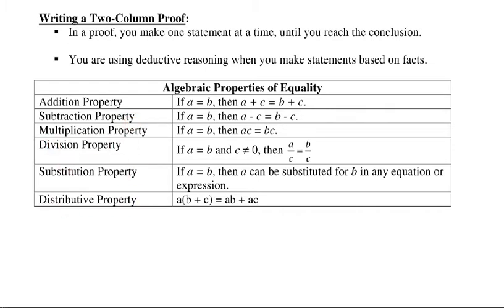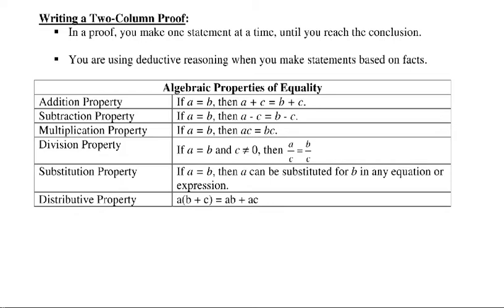So it would be the addition property of equality, subtraction property of equality, multiplication property of equality, division property of equality, substitution property of equality, distributive property of equality. What I want you to do with each of these is add in "of equality" at the end of each one.